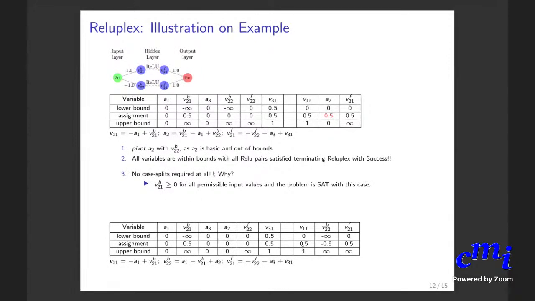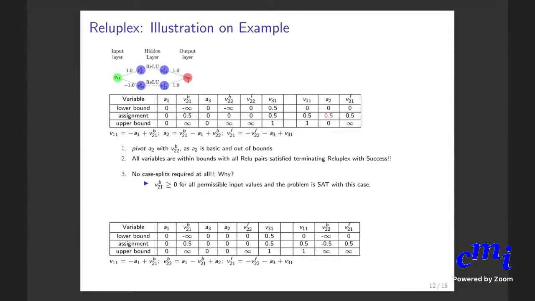And the reason that happens is because with V21B being greater than or equal to 0, all permissible input values are indeed sat in this case, because if V21B is greater than or equal to 0, the other branch never contributes anything.